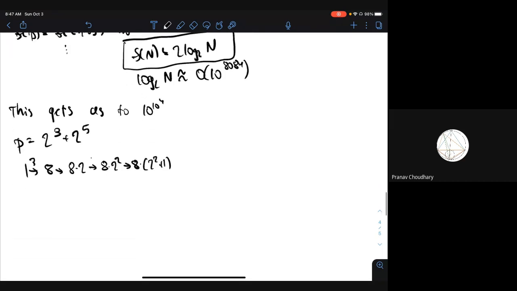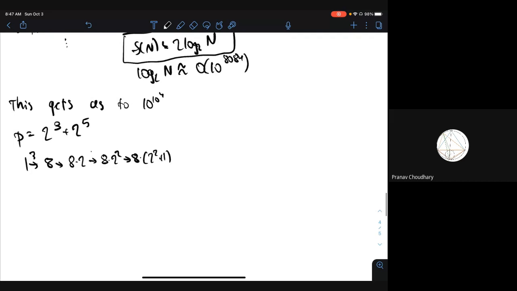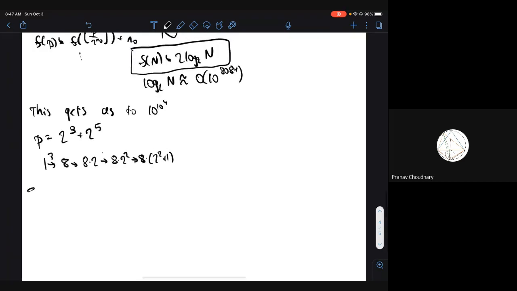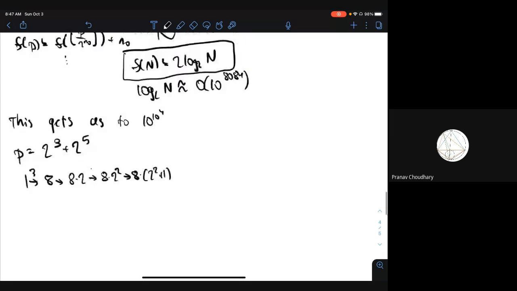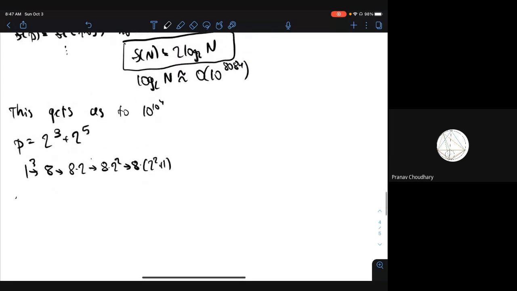Suppose that we had something like 2 cubed. We can make minor optimizations here, but that's a property of the numbers 3 and 5. In general, this is kind of the best we can do so far with this strategy. If I had something like 2 cubed plus 2 to the 7, then first we need to go to 2 cubed, and then from 2 cubed we need to go to 2 to the 4th.